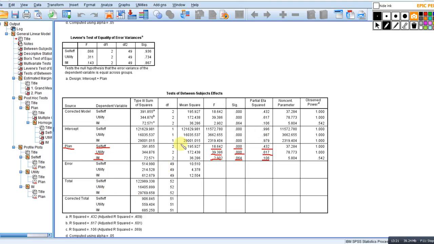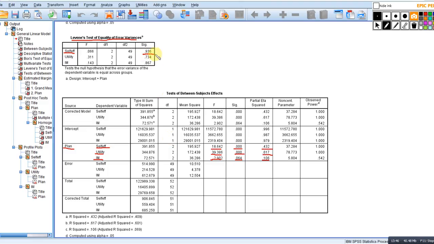Note too that you have Levene's test of equality of error variances, and these are similar to the Box's test that we saw previously, except this is a comparison of the variances between groups for each dependent variable. For the variance on self-efficacy among the groups, you can see that the p-value is greater than 0.05.